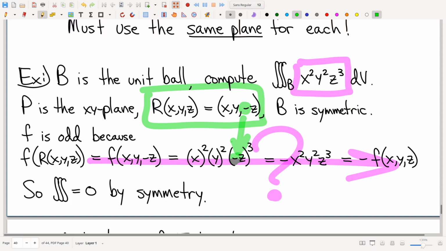And again, you just have to think through the geometry of the picture and what would you reflect through to make the z coordinate the negative of what it had been, and that's the xy plane. Anybody see that kind of strategery there? Sometimes this is how you make the right choice.